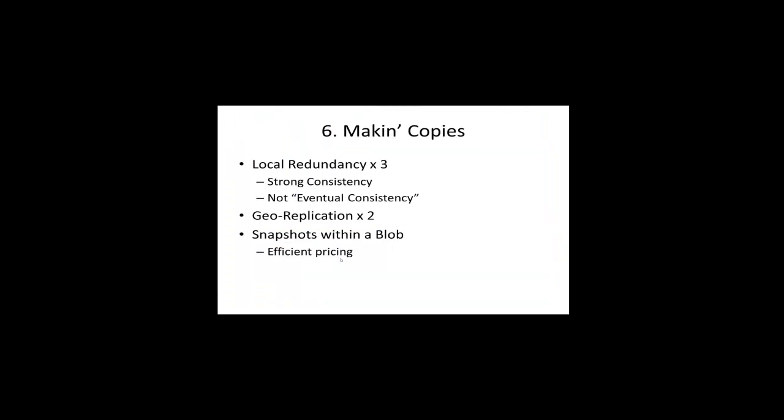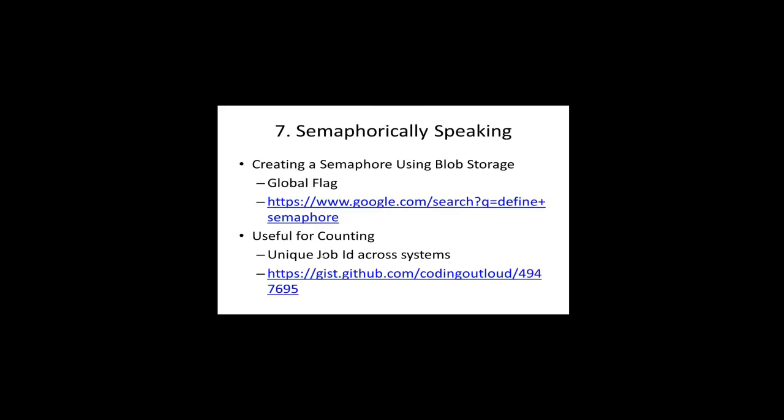Now, if I changed something within it and then uploaded it, and I only changed one of the 4 megabyte chunks, say, I would just pay the cost of the original plus whatever the cost is for 4 megabytes for a month. That's what I mean by efficient pricing.